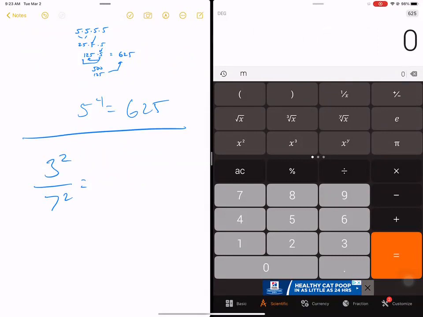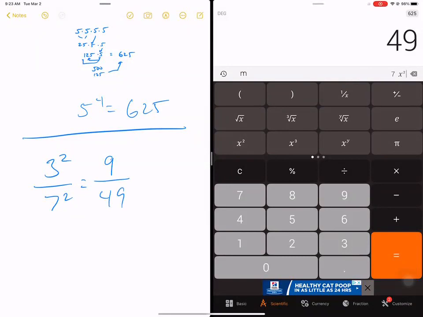Nope, we don't. So what we can do is, let's go ahead and write 3 squared. 3, and I'm going to hit the square this time because that's faster than hitting the xy squared. And that's going to give me automatically 9. Divided by, what's 7 squared? 7 squared is 49.